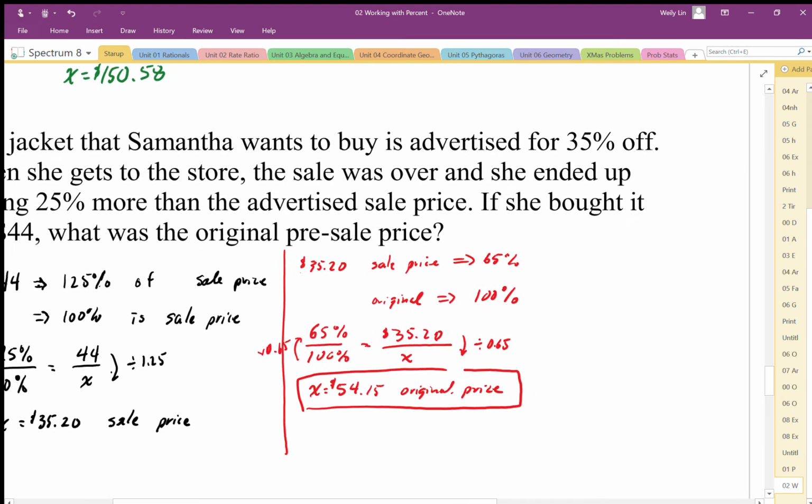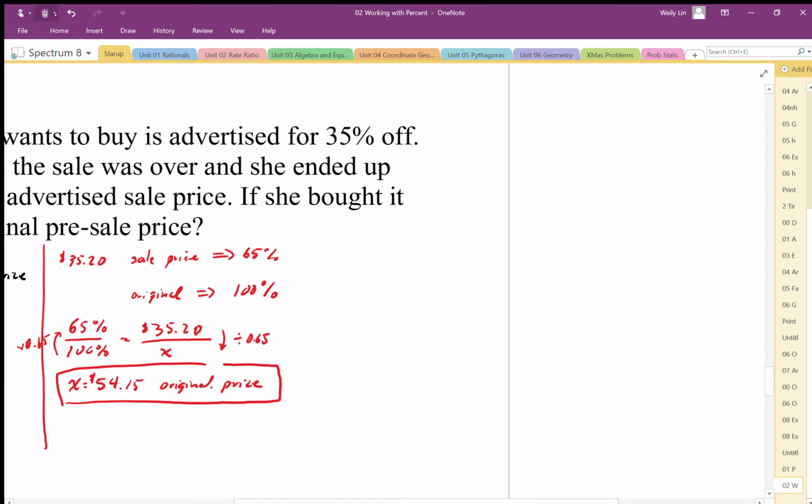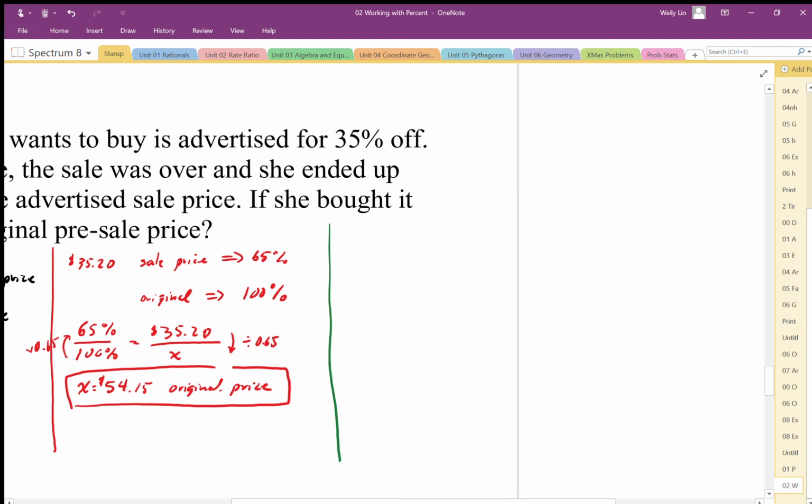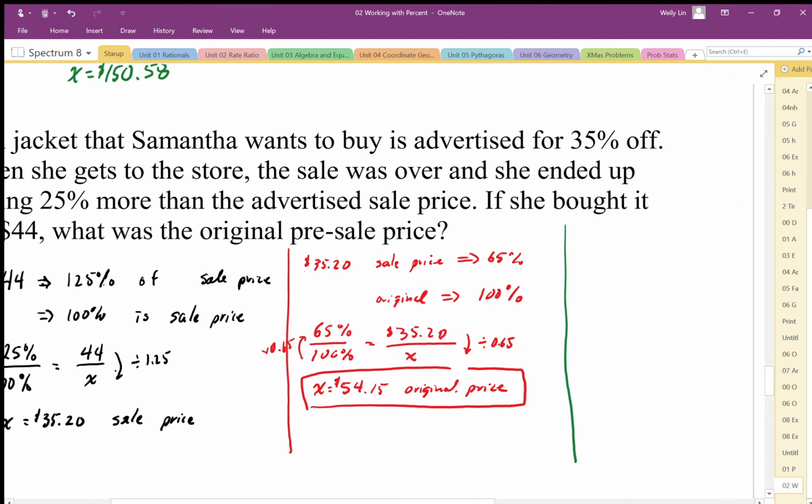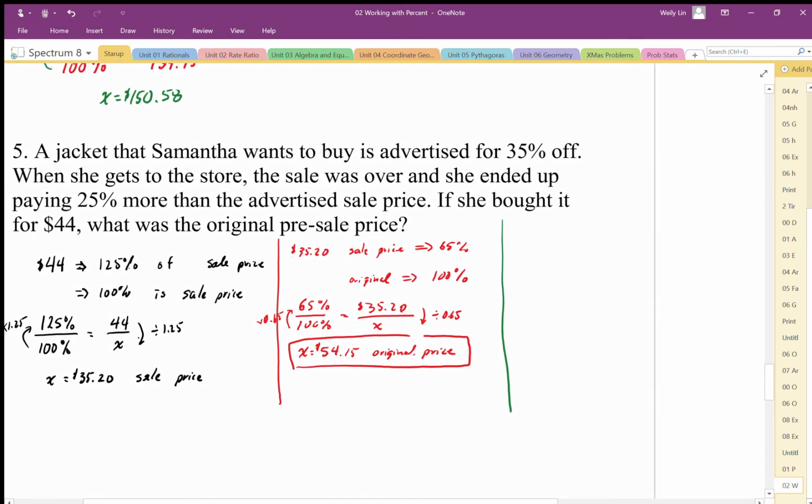Now, I want you to appreciate there is an alternative way of doing this. We can actually use algebra because we basically need to undo this calculation. So what does this calculation actually look like? I'm going to let x equal the original price. To get the sale price, it's 35% off, so I should multiply by 65%.